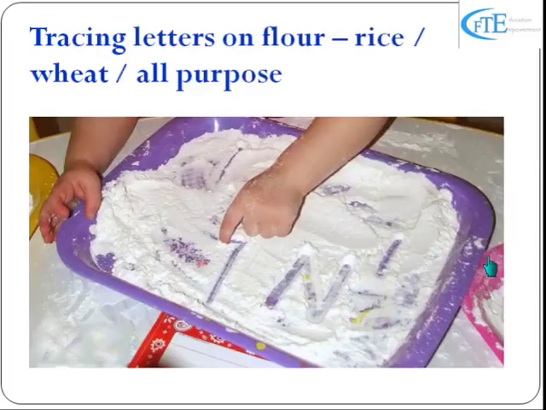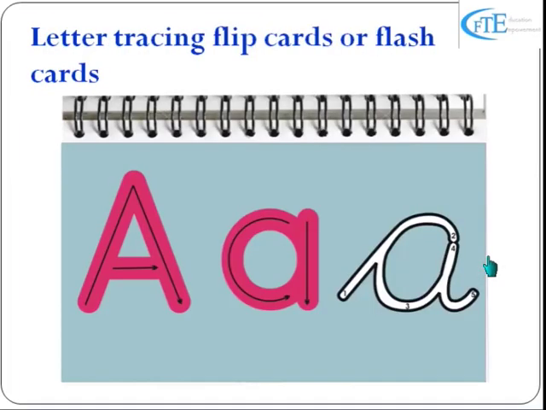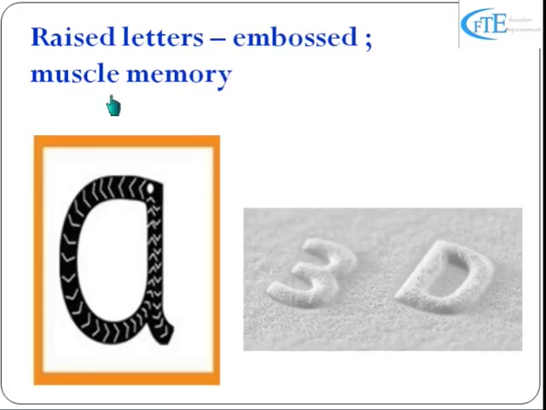So let's go back to the activities that are recommended. One is your letter tracing card, preferably embossed, and this helps to develop muscle memory. What is muscle memory? Muscle memory is the stimulation that goes from the tips of the fingers to the brain and forms a pattern in the brain.